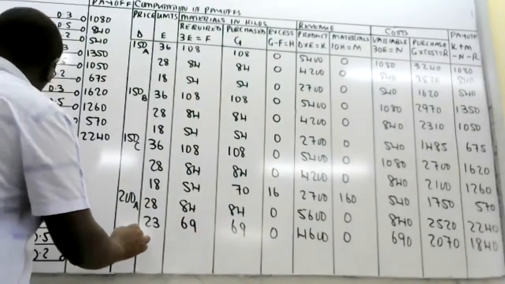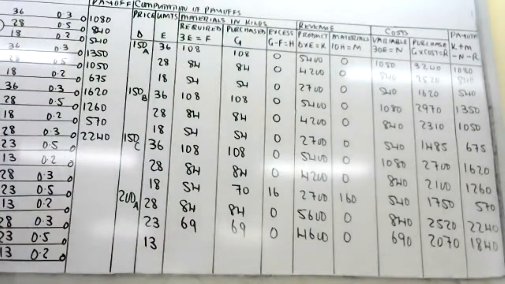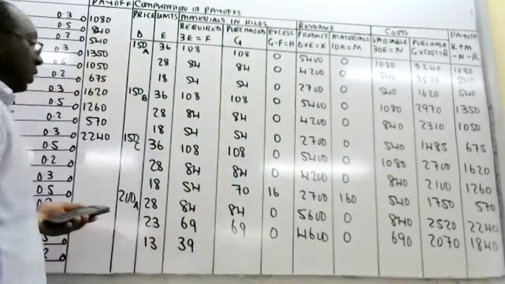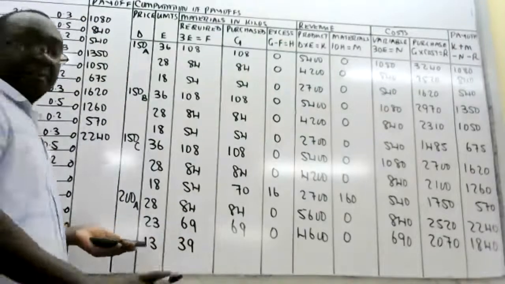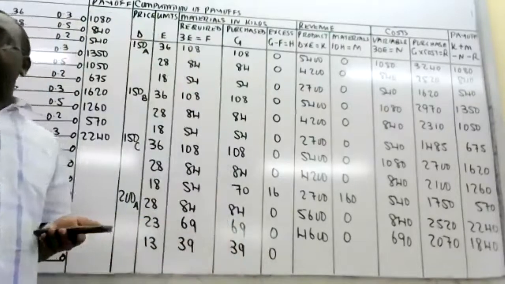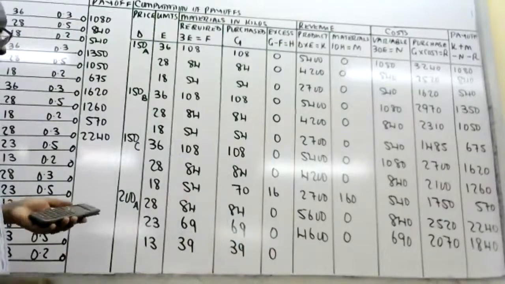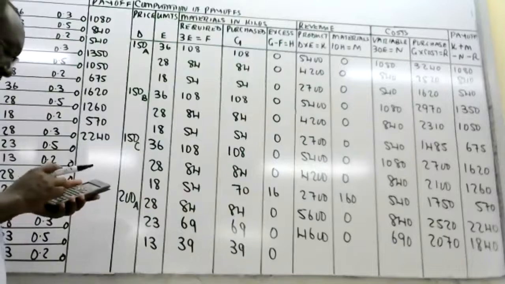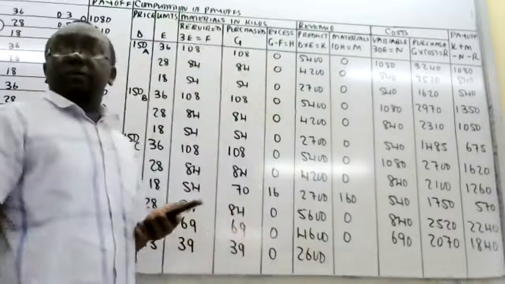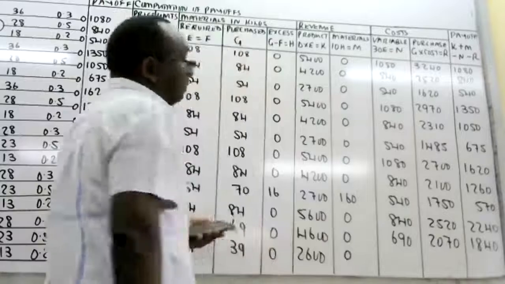Then the other one is 13. Now 13 times 3, that is 39. And when we are in A, we are able to buy anything we want. So we just buy 39. So there is no excess. And then the revenue will be 13 times 200, which is 2600. No revenue from materials.